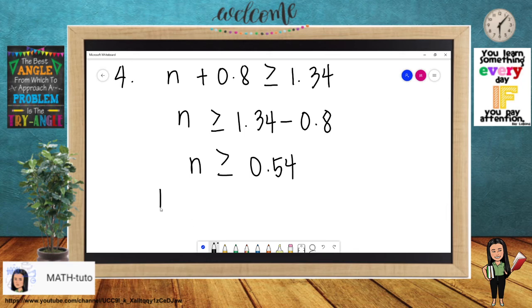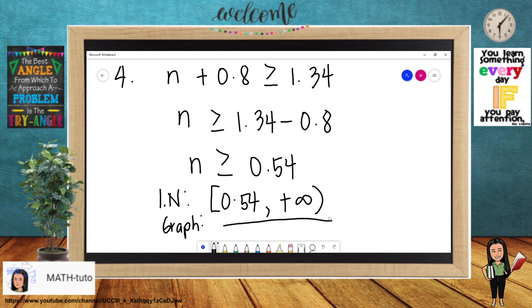Okay, in interval notation, greater than, no? So it means you are going to positive infinity. That is bracket because it is included, 0.54, and then going to positive infinity. Okay, in graph, if you want to graph, then it is 0.54 in between 0 and 1.